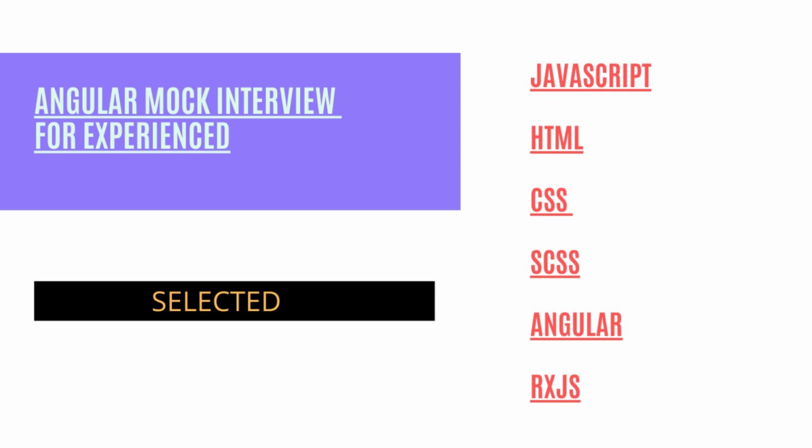With *ngFor, they are looping, right? Let item of items, then a semicolon, and after that let i = index. Automatically the index of the loop you can get there.